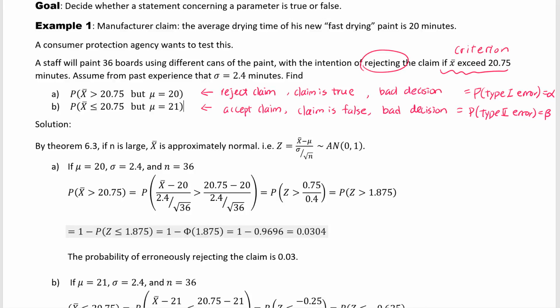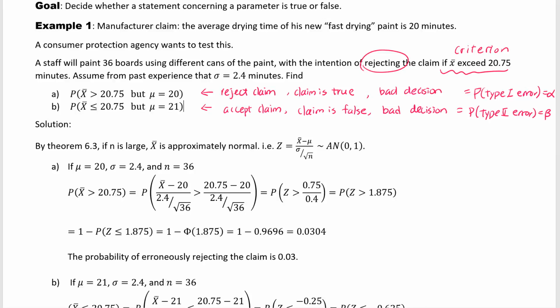Okay, solution. Remember in chapter 6, we have the central limit theorem. So we have the sample mean is approximately normal. That means the standardized sample mean is approximated by the standard normal distribution. Here, because we have 36 boards, n is greater than 30, so that's a large sample.